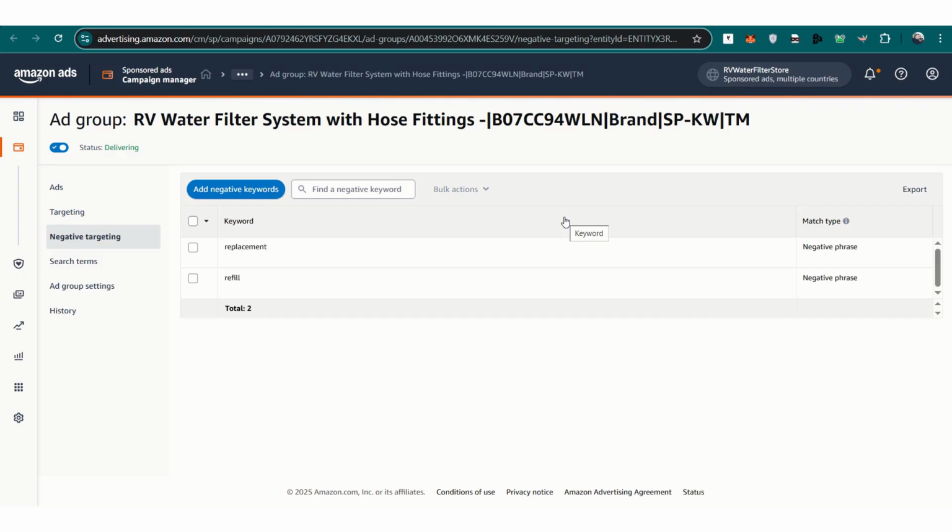ACoS, or advertising cost of sale, is considered both an output metric and, in some ways, an input metric. While it's the result of many actions, it can be directly influenced by the way campaigns are structured, and one of the strongest controllable inputs is the use of negative keywords.